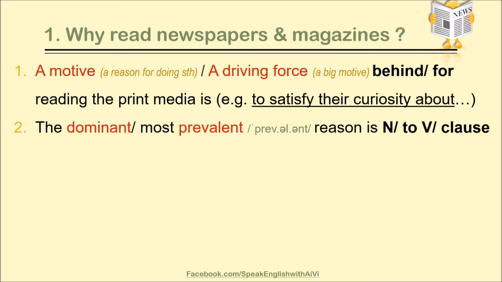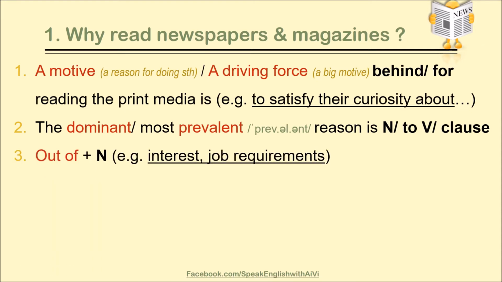If you need to use reasons, maybe you should add an adjective like dominant or prevalent to make your vocabulary more impressive. Another way is to say out of. For example, some people read magazines out of interest. That means because they like that, because they're interested in magazines.